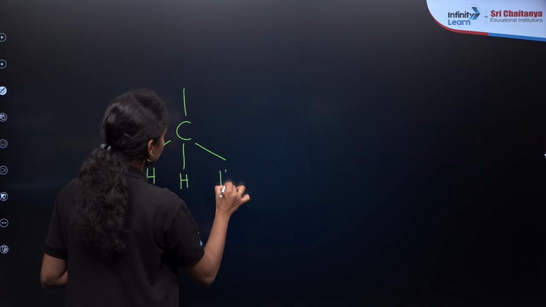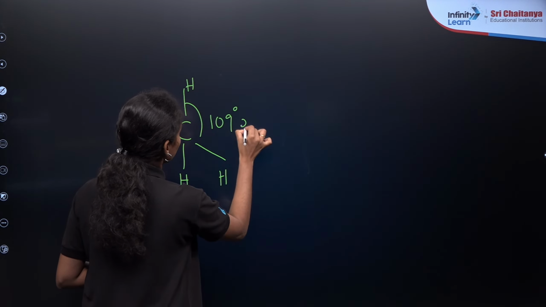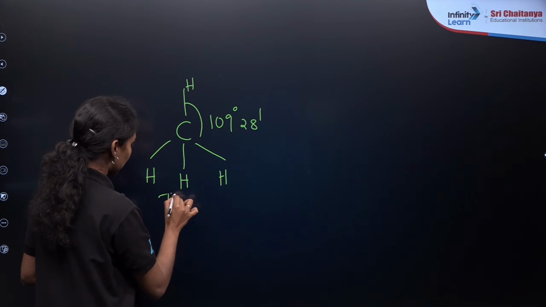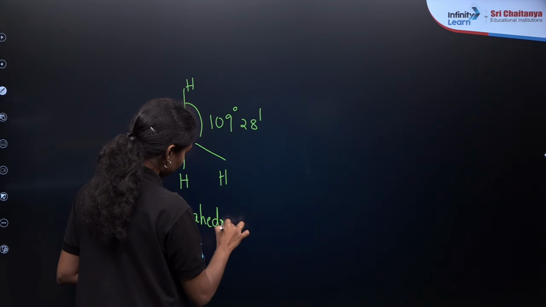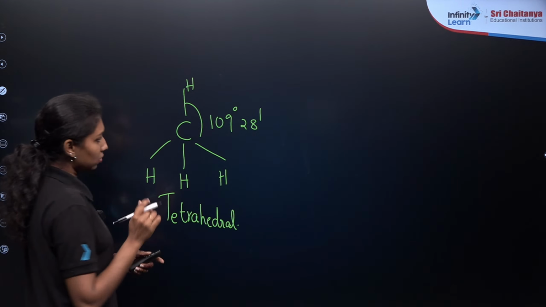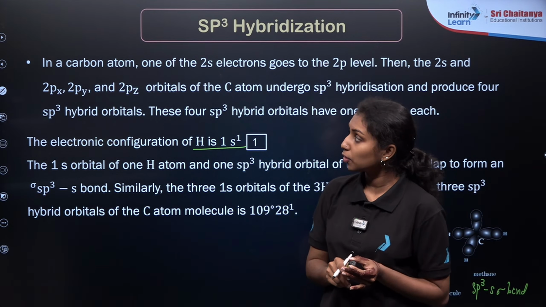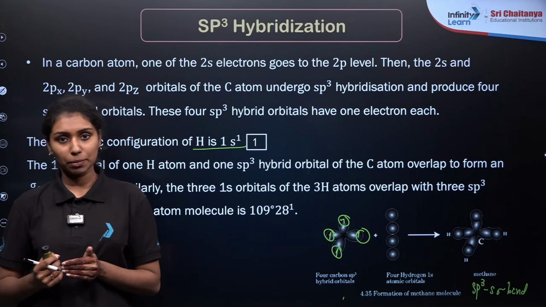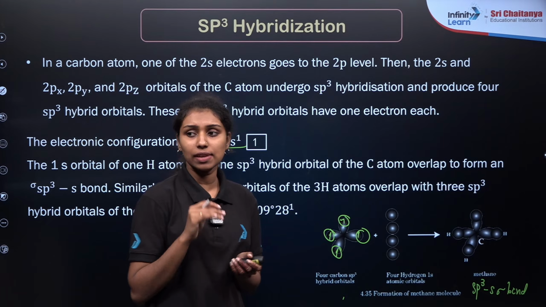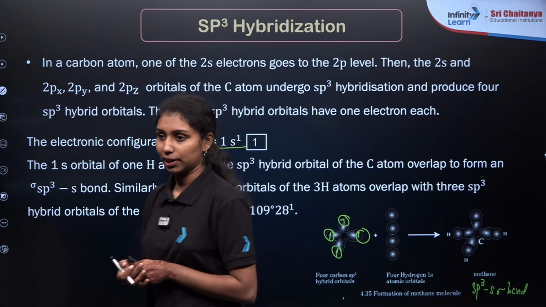So they form the CH4 molecule with a bond angle of 109 degree 28 minutes, which is known as the tetrahedral shape. Is there any doubt regarding the hybridization of the CH4 molecule? We have already discussed sp2, sp and sp3 hybridization in the case of carbon compounds also. So it is very important in hybridization to know how to find out the hybridization of different molecules.